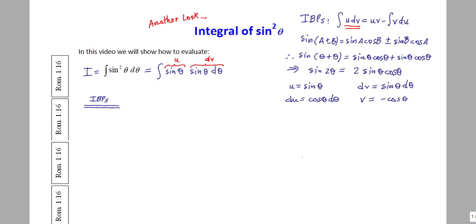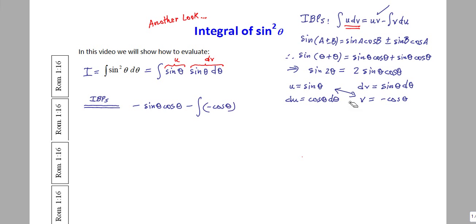And so, like I was beginning to say, u times v, which is the product of that on the first term on the right hand side of that equality, you get the product of these two. So that's going to be a minus sine theta cos of theta minus the integral of v du. That's going to be a minus cos theta.